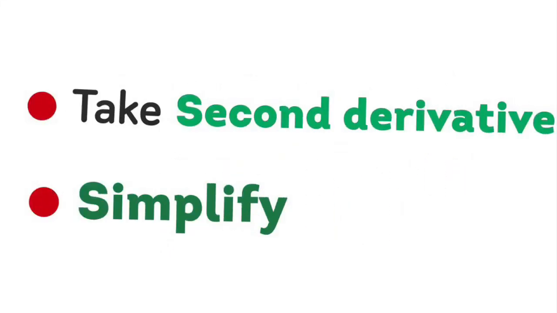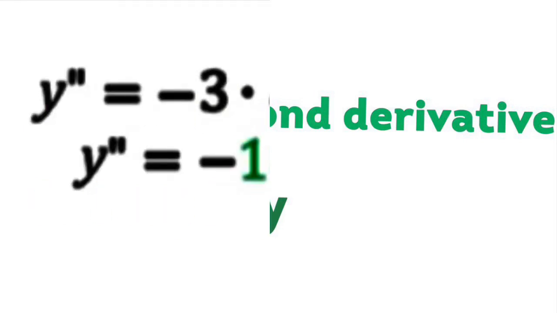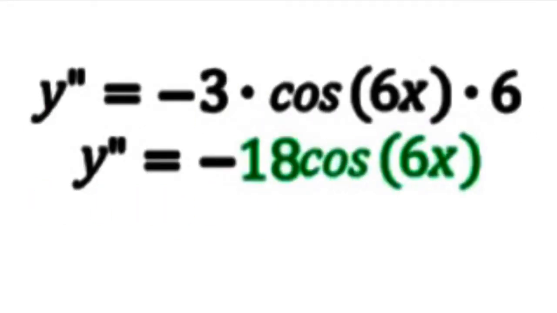Now we are going to find the second derivative. So we are going to use two steps again. First, take the second derivative, and step number 2, simplify. So let's differentiate it.